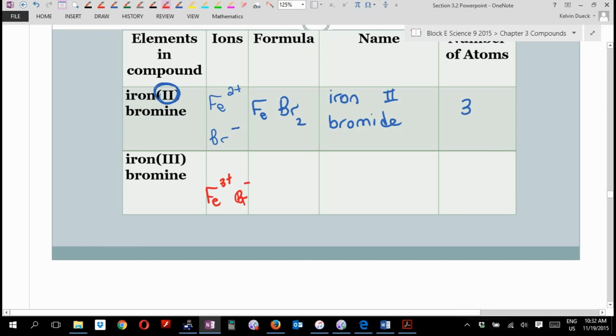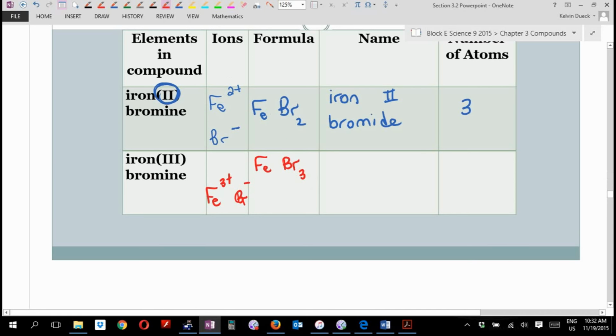Now, when I use the crisscross rule, the chemical formula is going to be Fe, Br. How many Fe's? How many Brs? How many irons? 1. Am I going to put a 1 down there? It's just going to stay invisible. How many bromides? 3.